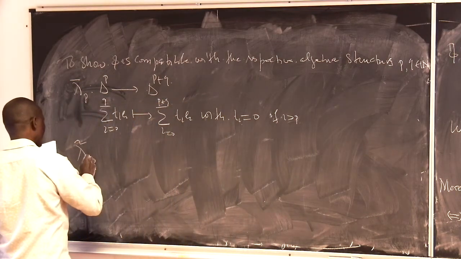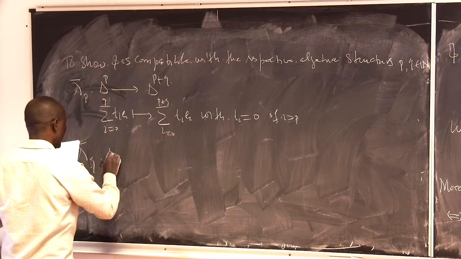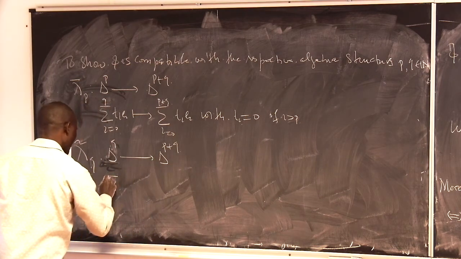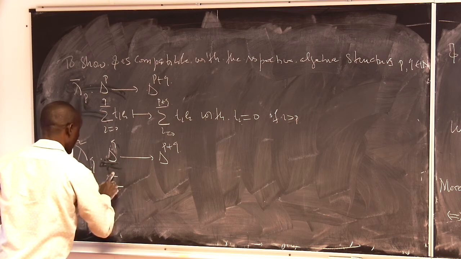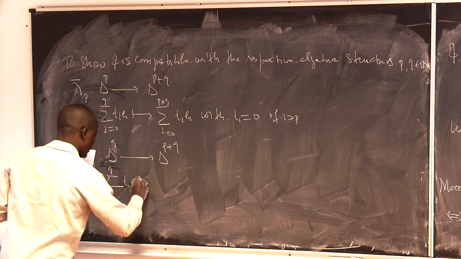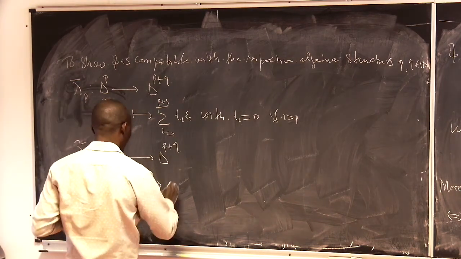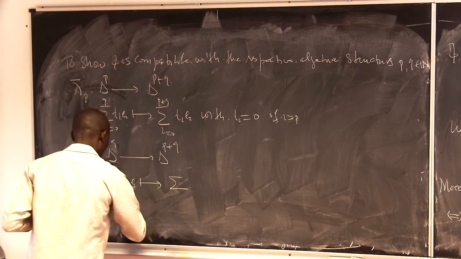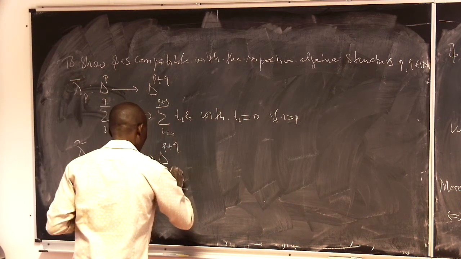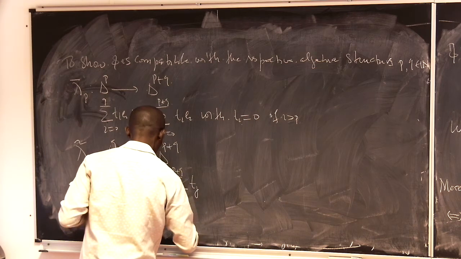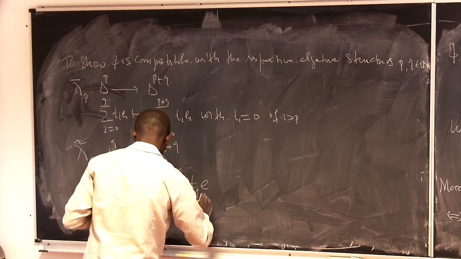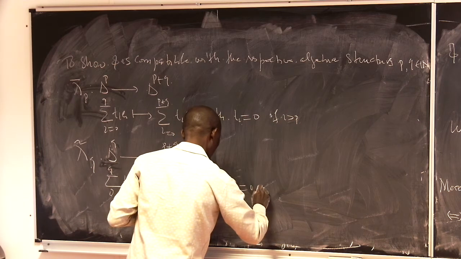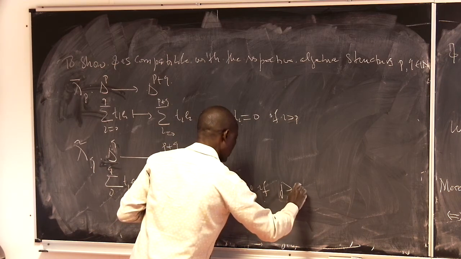And lambda child q, defined from delta q to delta p plus q, assigns to any element summation of t_j e_{p+j}, with t_j equal to 0 if j is greater than q.